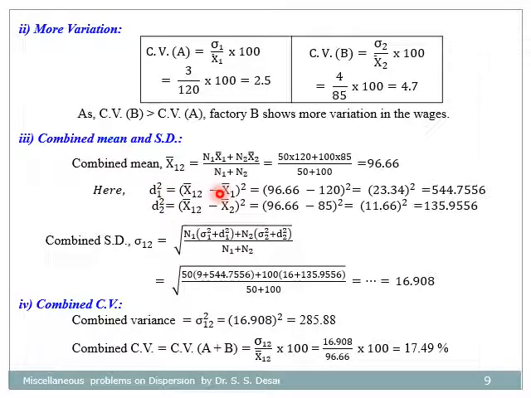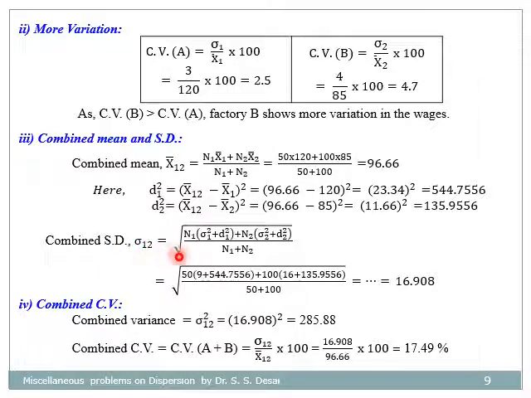So d1 square is the square of the difference between combined mean and mean of the first factory, and by substituting the values, its value becomes 554.75, and d2 square is equal to 135.95.